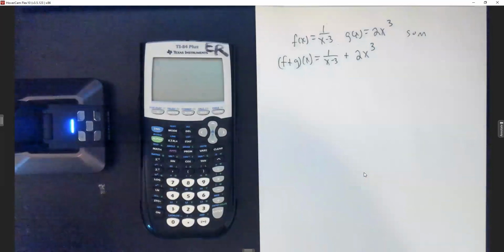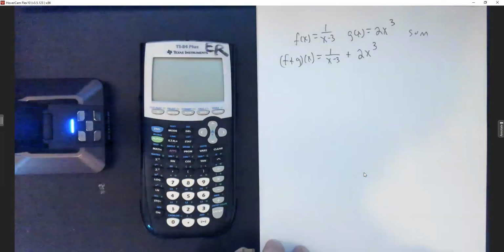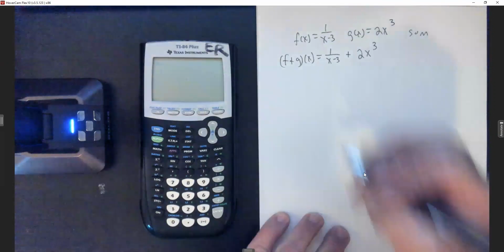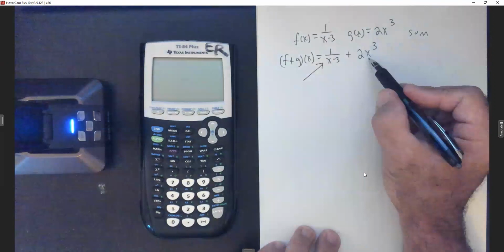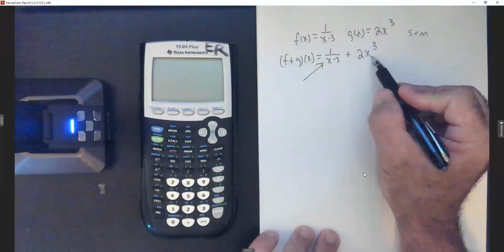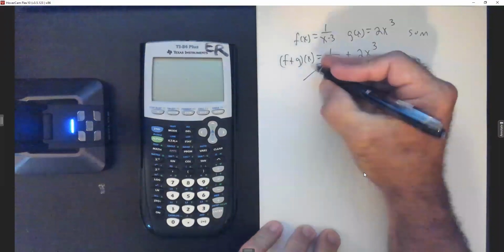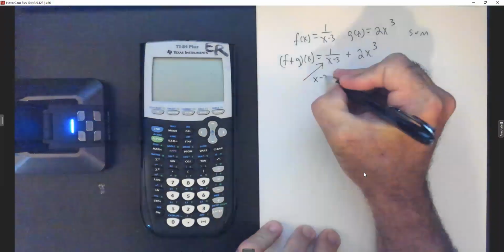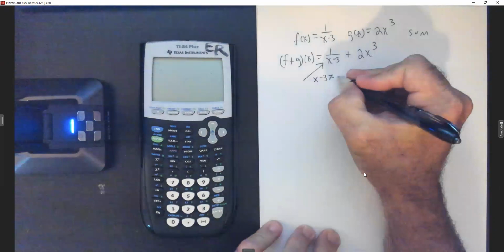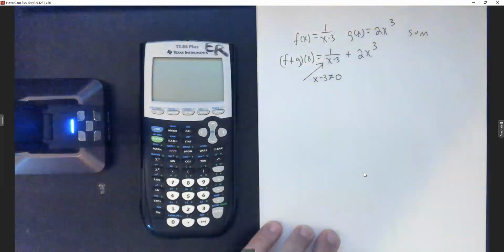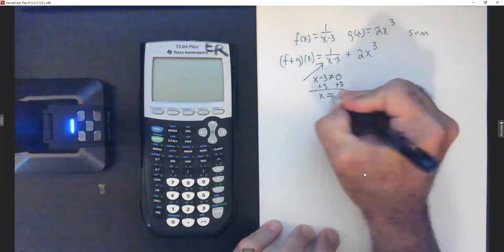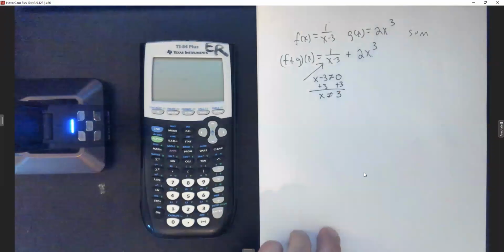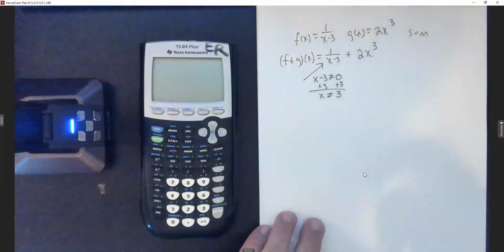If I was going to add these and I'm looking at domain values, the only thing that bothers me is the fraction. This one don't have a fraction, so we don't care on the domain. It could be all real numbers for that one. But this one does have a fraction, and we know that x minus 3 on that fraction cannot equal 0. So what I would do is add 3, so x cannot equal a positive 3. So that's going to be for my adding.